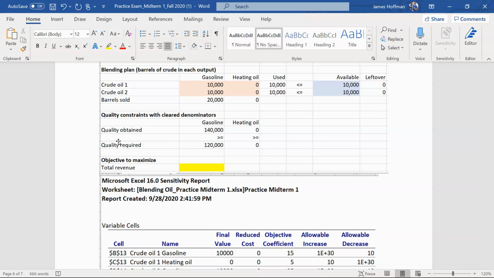Yes, that's correct. This one's a little bit weird, and you're not going to see one like this normally, but this one's binding because we set up the model to have to be binding. So the binding versus non-binding interpretation is kind of weird here, but technically it's binding, and the one in the exam is going to be binding because if it weren't, then we couldn't solve the model. So just know that these two have to be binding, or else it's not going to work.